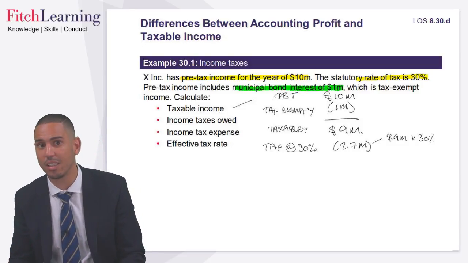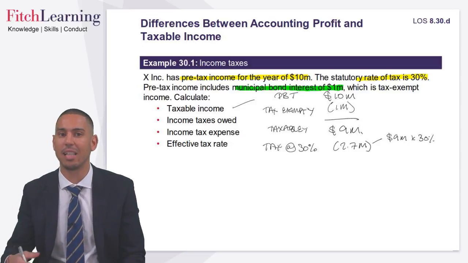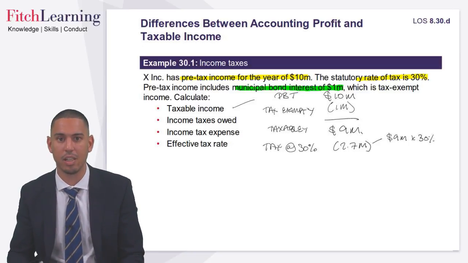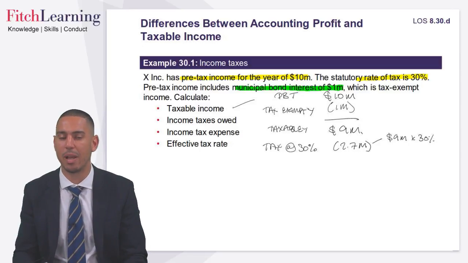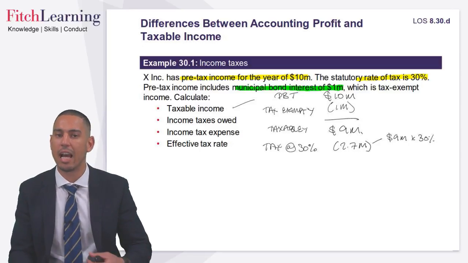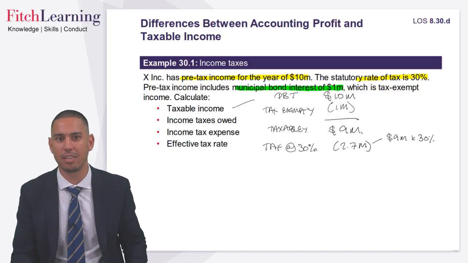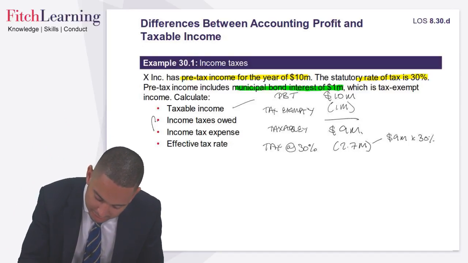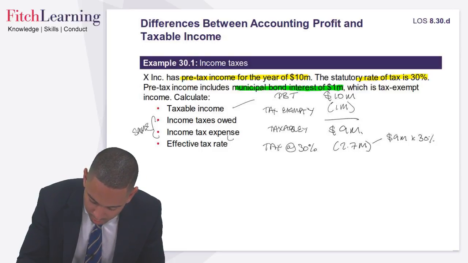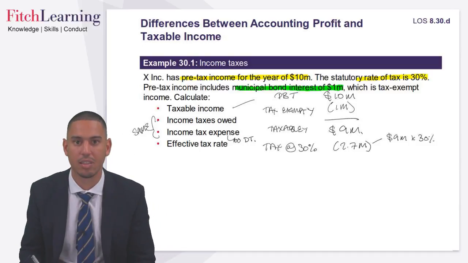So that's my taxable income. My income tax owed for the period is going to be 2.7 million. Tax expense is made up of that and any movements in deferred tax. But here we don't have any movements in deferred tax. So both of these are going to be the same because there is no movement on deferred tax.